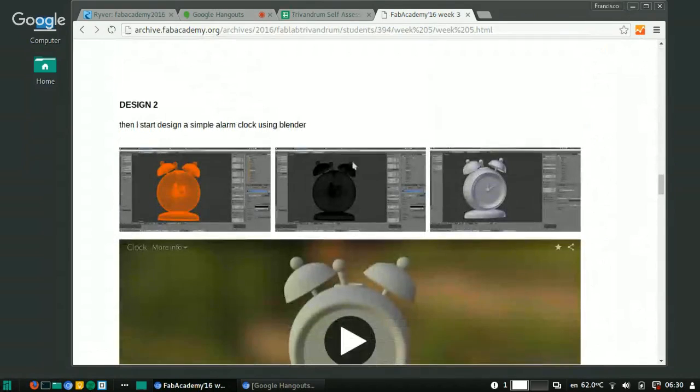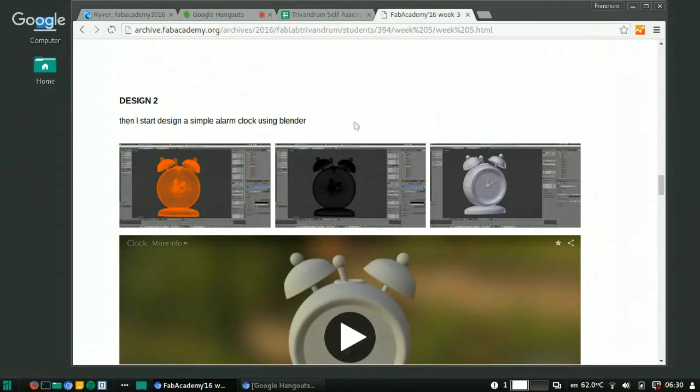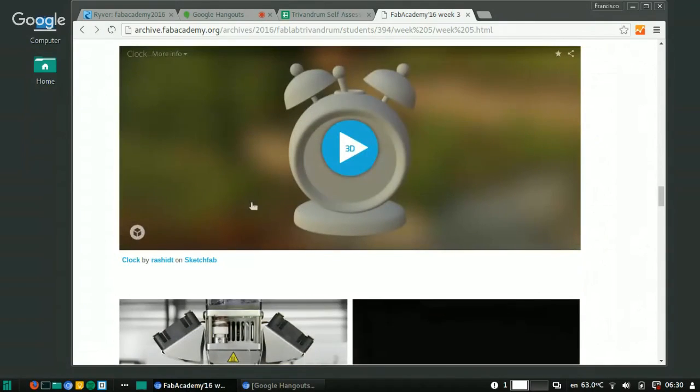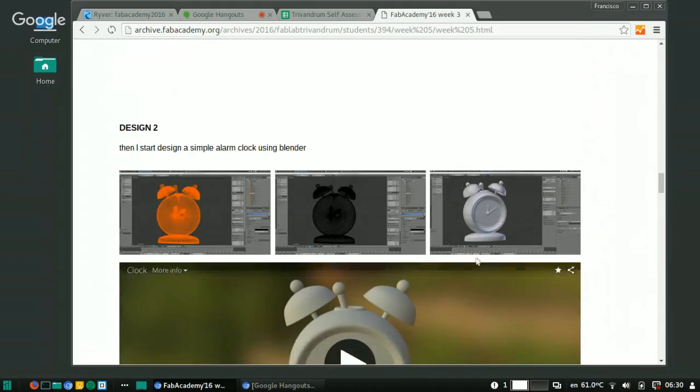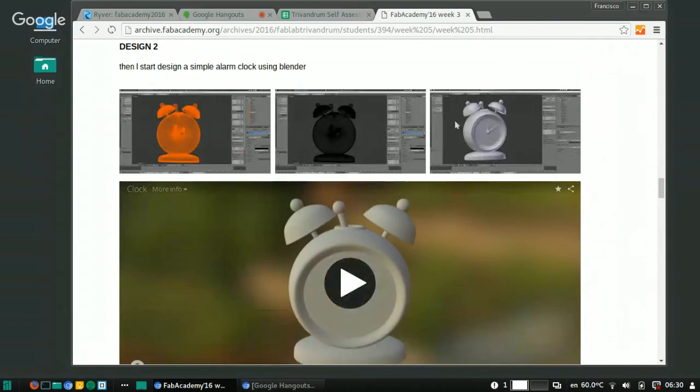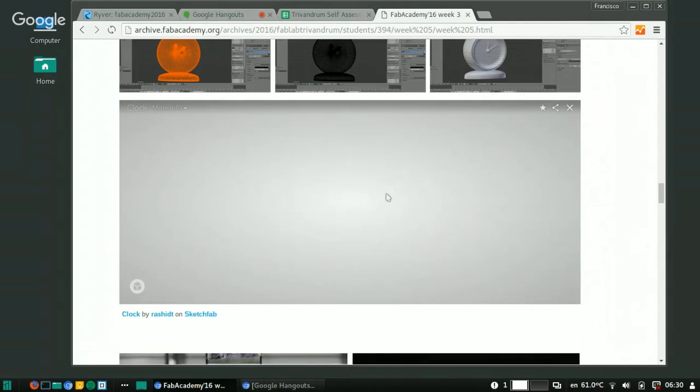So in here, please, did you design all of this? Yeah. So you should explain about the process, because it's a very complex thing.